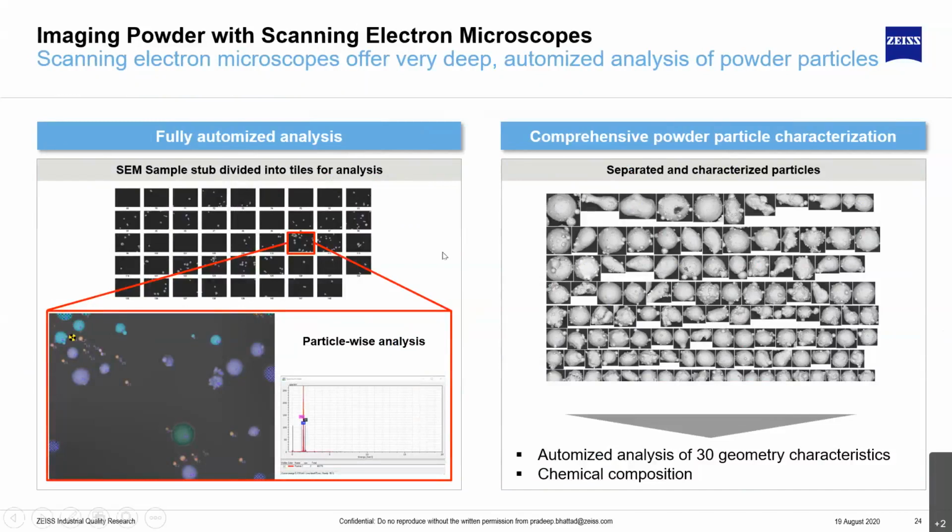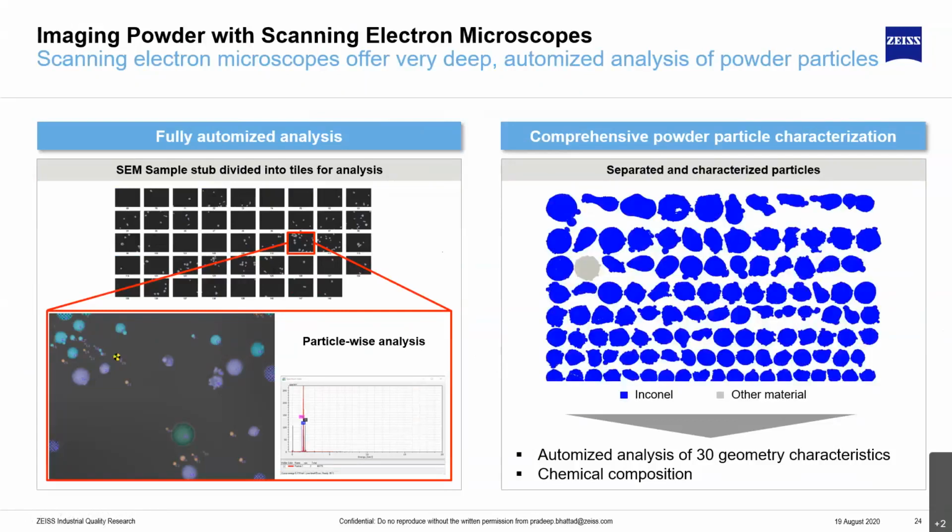And the software automatically separates out the particles and categorizes each particle based on the size and shape, number of satellites it has, all that stuff. But with SEM, you get that additional advantage: you can also add EDS. So by adding EDS, you can start getting chemical information.